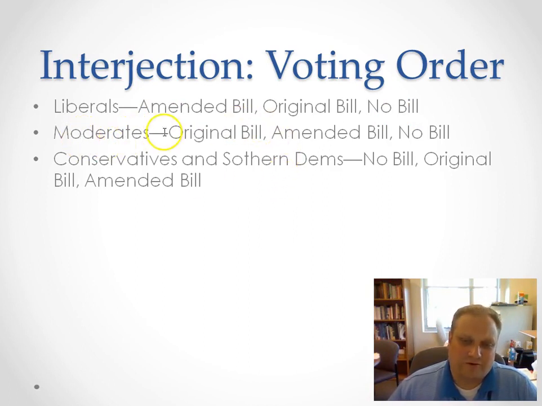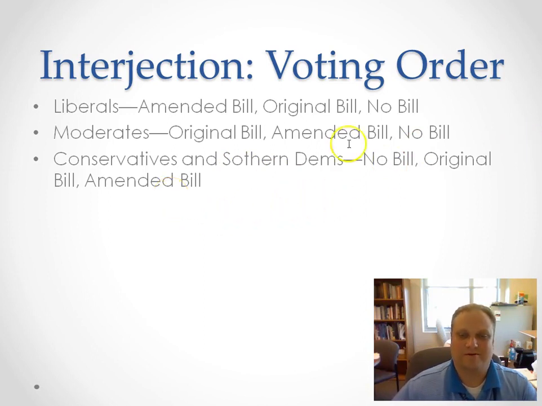Moderates would have preferred the original bill, but would prefer the amended bill to no bill. And that's the difference. For this strategy to work, the conservatives and Southern Dems prefer no bill. They prefer the original bill and then the amended bill.